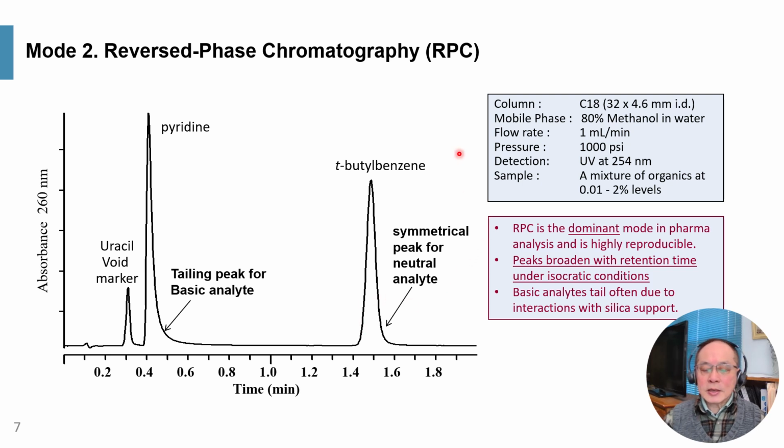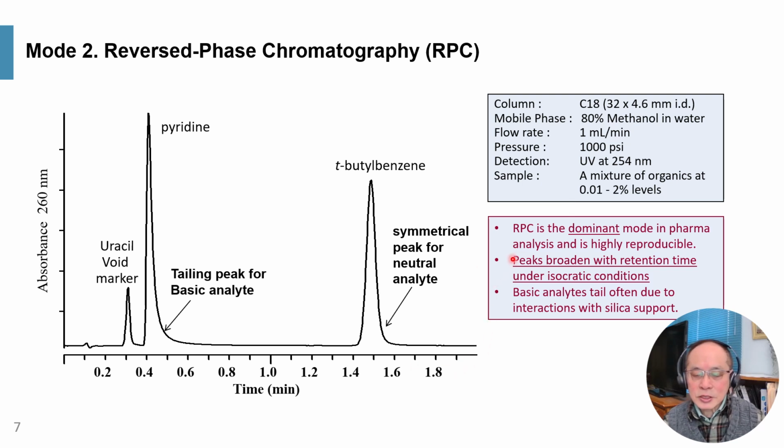The operating conditions are shown here with a C18 column, 32 millimeter length, 4.6 millimeter ID. Mobile phase, a mixture of methanol and water. The flow rate, the pressure, the detection wavelength, and the sample, which is a mixture of 3 different organic components.